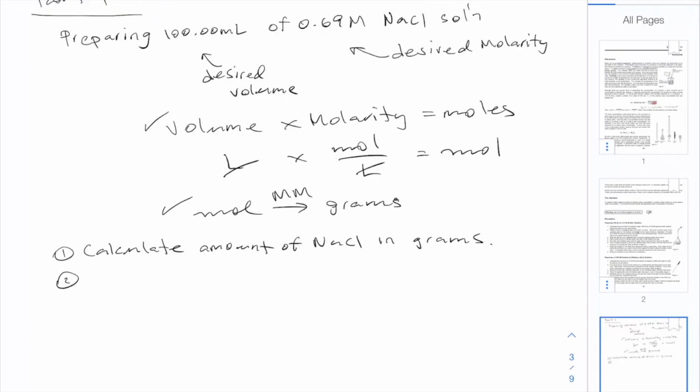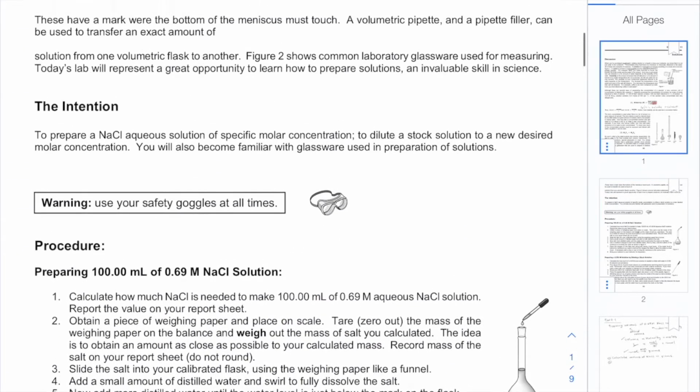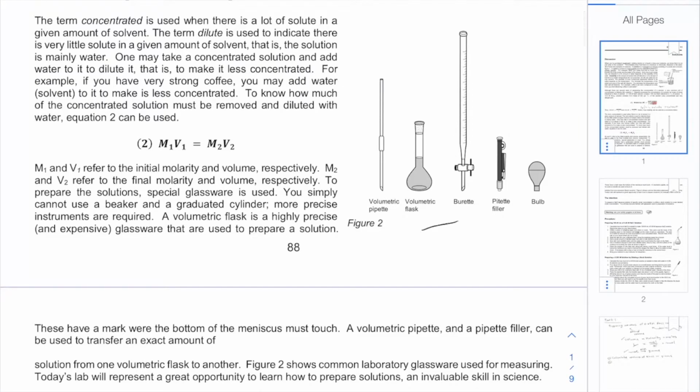Once we do that, we're going to place our salt into what's called a volumetric flask. Okay, so a volumetric flask. Here's a drawing of a volumetric flask, and I'm going to show you that in the video.